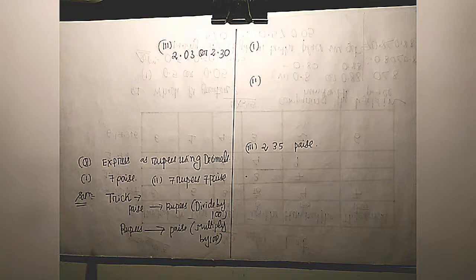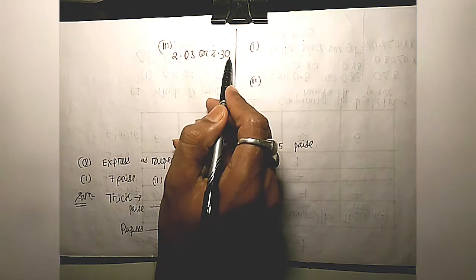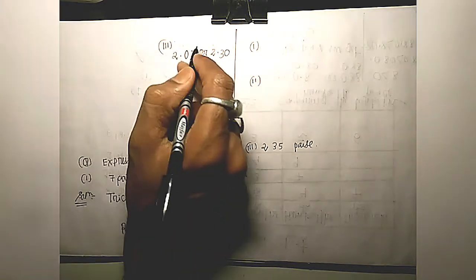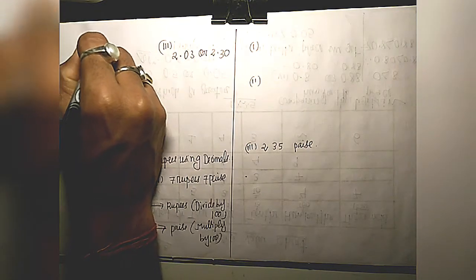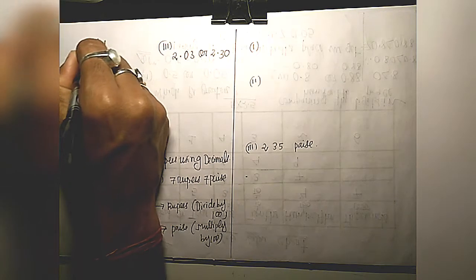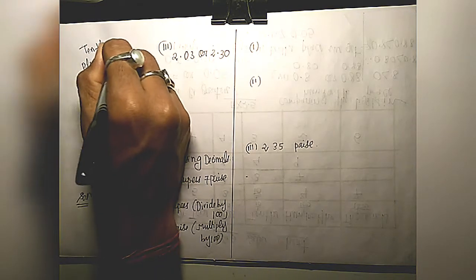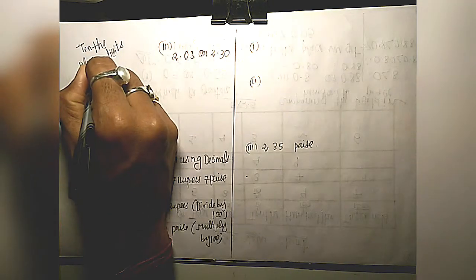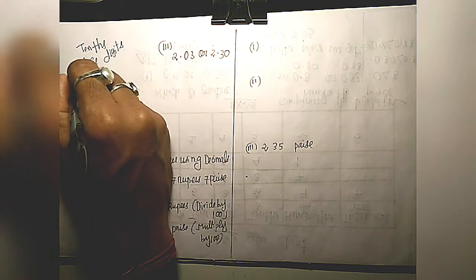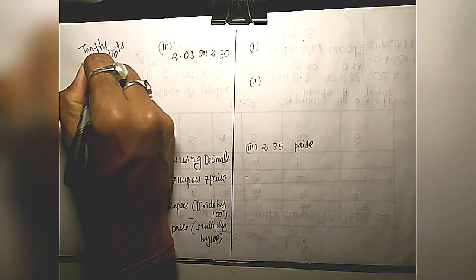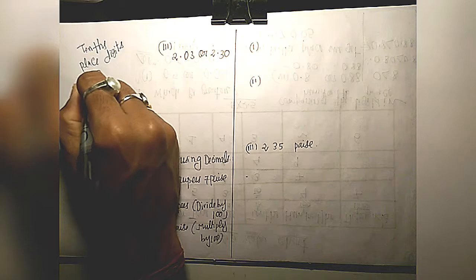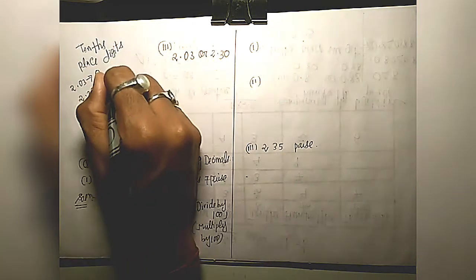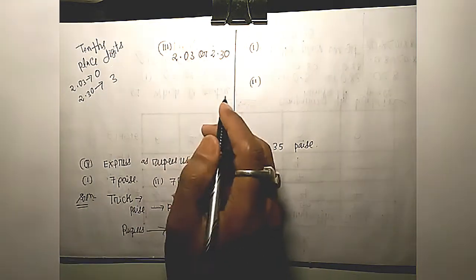One more question: 2.03 or 2.30. What are the tenths place digits? In 2.03, the tenths place digit is 0. In 2.30, the tenths place digit is 3.